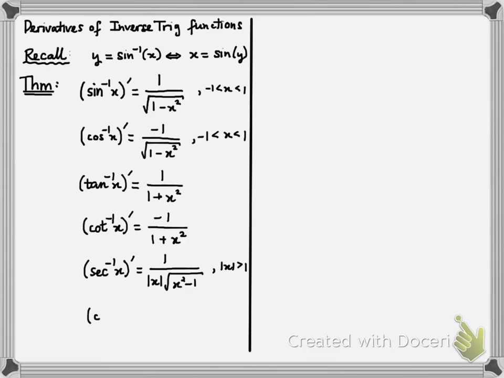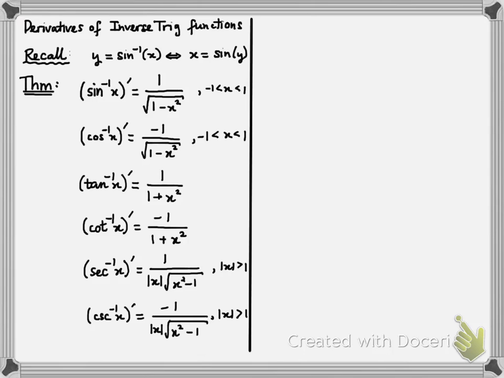And then the last formula is the cosecant inverse derivative, which equals negative 1 over the absolute value of x times square root of x squared minus 1. As you can see, the derivative of cosine inverse is almost the same as sine inverse, except that it has a negative sign. Similar for cotangent inverse with tangent inverse, and the same thing for cosecant and secant.